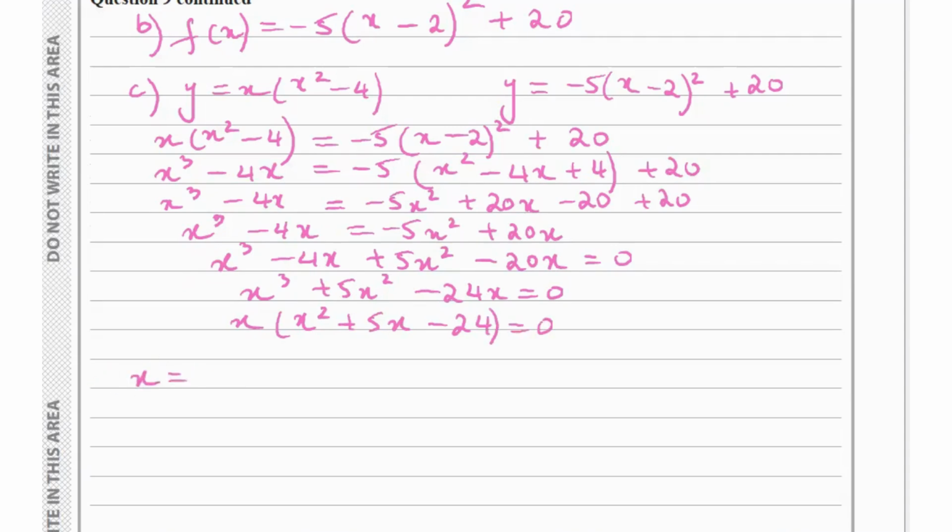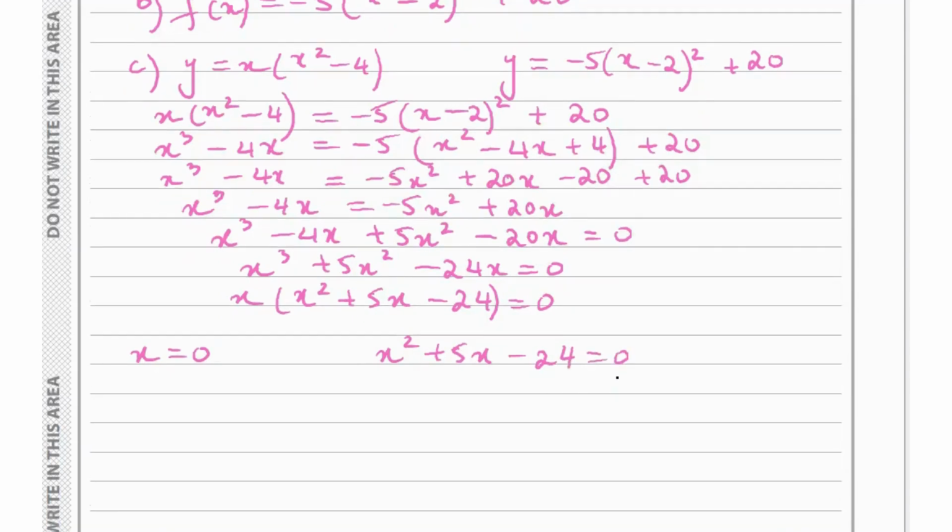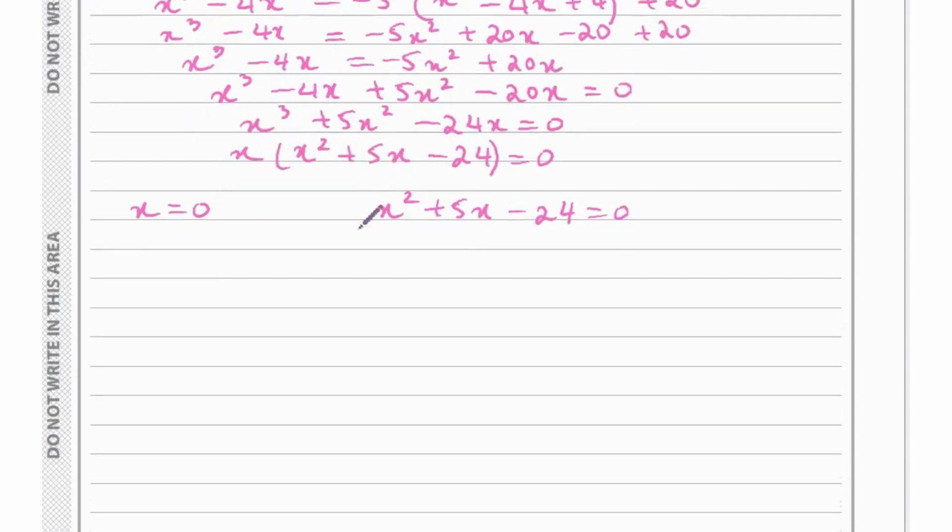So x equals 0. x squared plus 5x minus 24 equals 0. Let's factorize this.